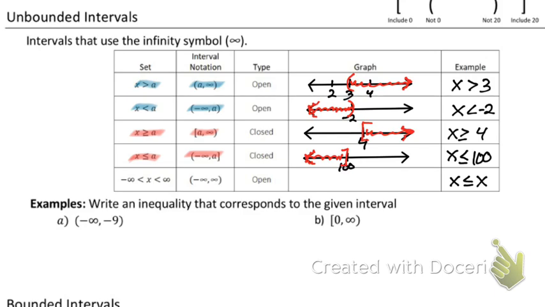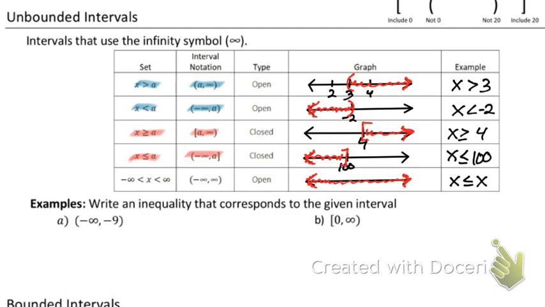X is always less than or equal to x, because 3 is less than or equal to 3, 4 is less than or equal to 4, negative 100 is less than or equal to negative 100. And to graph something that has infinite solutions, you're just going to color in the whole line. And that is unbounded intervals.